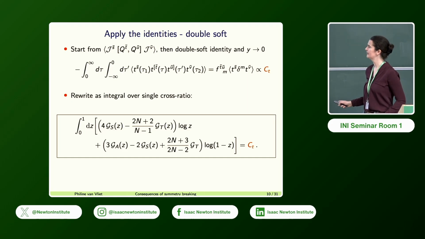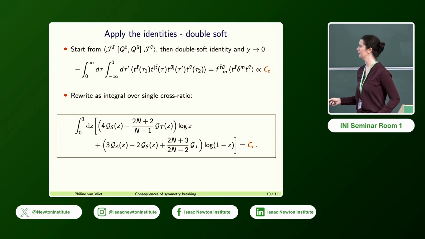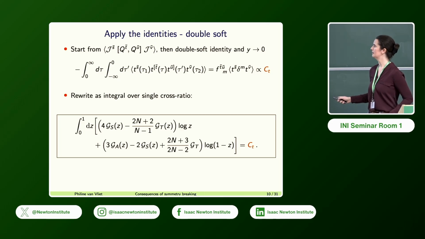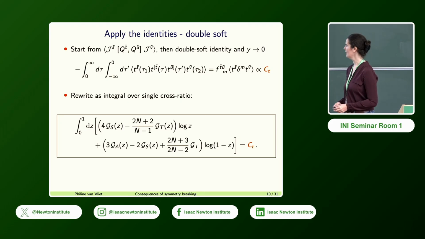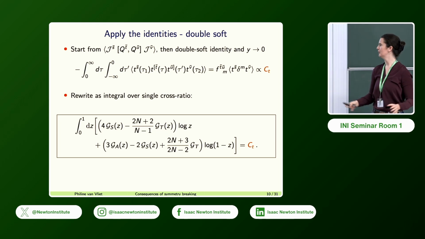And here I've split this function g that appeared in the four-point function into the functions that correspond to the different representations of O(N-1). So this is the singlet, the symmetric traceless, and the anti-symmetric representation. And now on the right-hand side, we just have this coefficient C_T. So now, starting from this multi-line double identity that we saw before, we now just have a single integral over the cross ratio that we can actually work with.